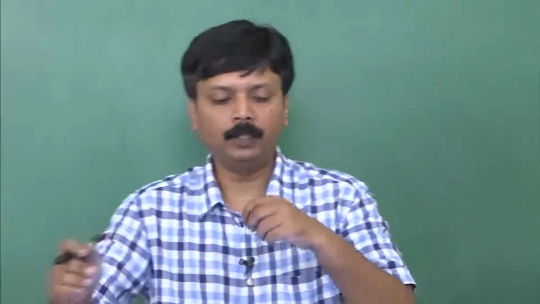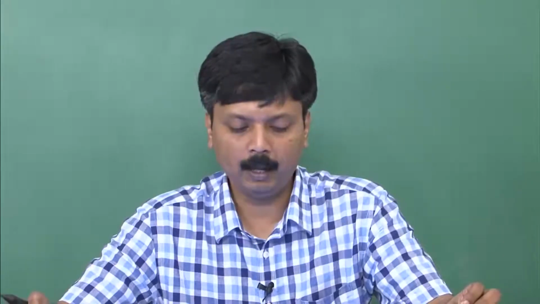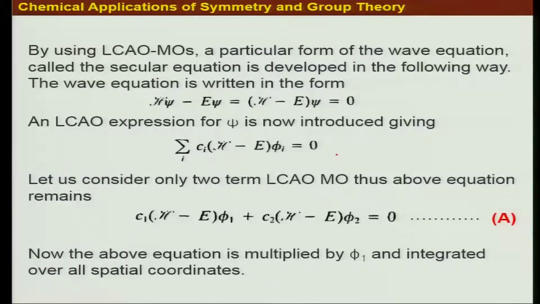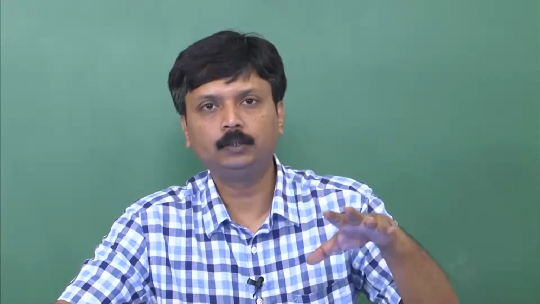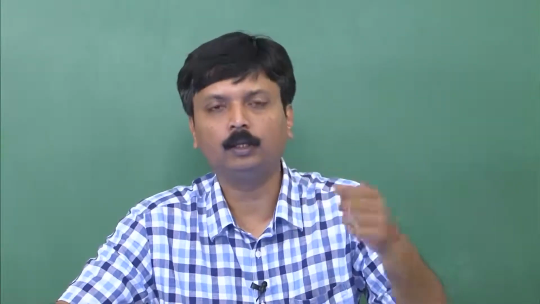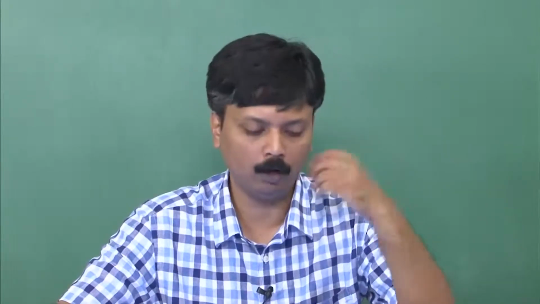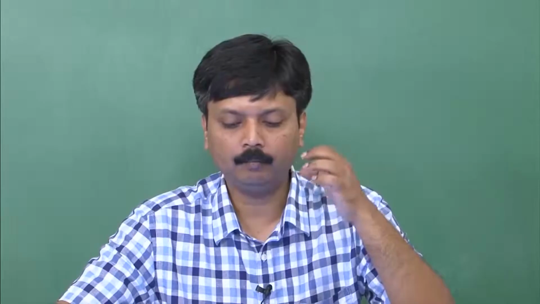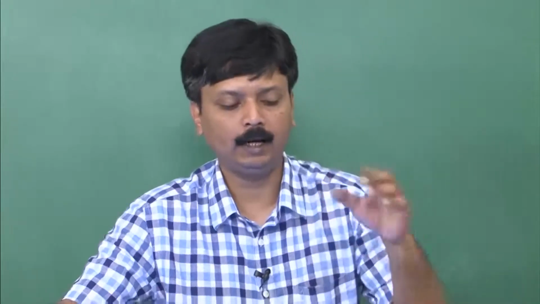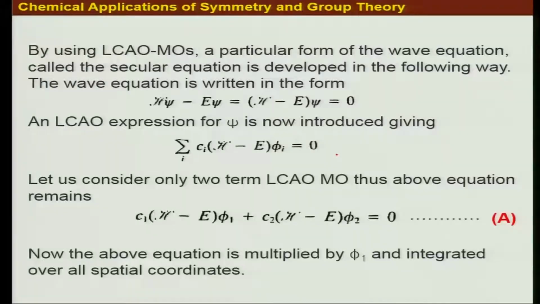By using this LCAO molecular orbital approach, using this atomic wave function, we get the wave function for the molecular orbital, and then we can get a wave equation which has a particular form and which is called the secular equation.